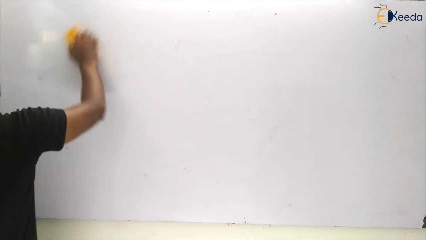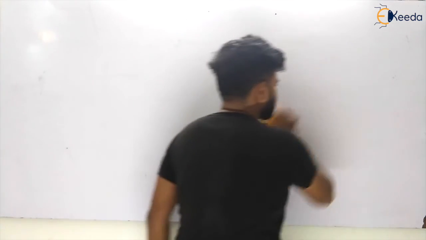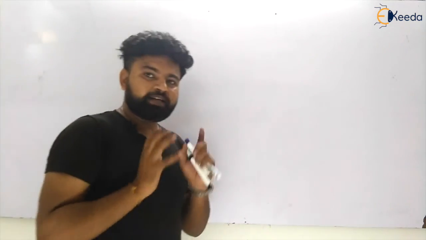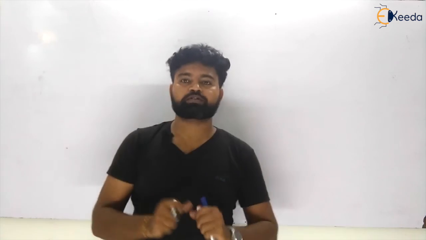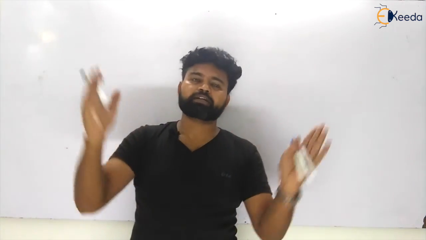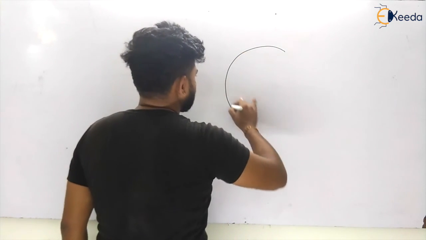Let us see. I am considering a composite sphere now, my dear students. Hopefully you are getting all concepts. So I am considering a composite sphere having some insulation or some material or some composite metals. Let us see how there will be heat transfer.